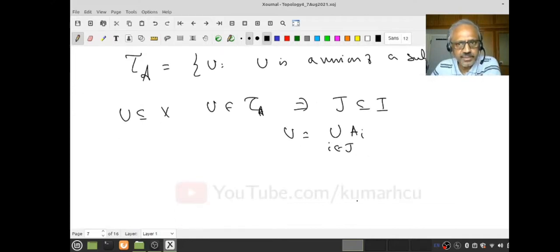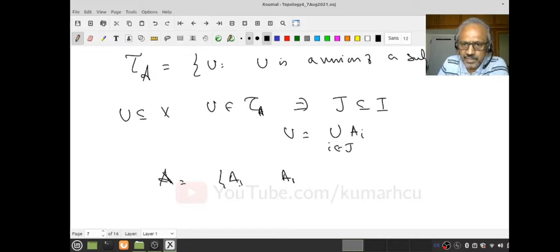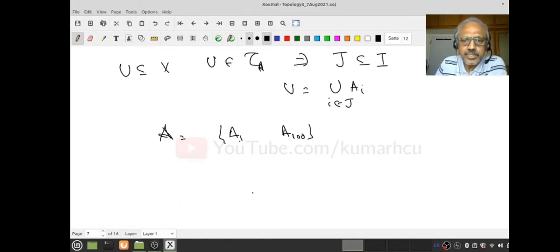Have you understood? To make sure that you understand properly, let me look at a simple example. Suppose my script A consists of only finitely many sets, A1 to An, let us say even A100. Now what are all the possible subsets? Take any subset J of 1 to 100.